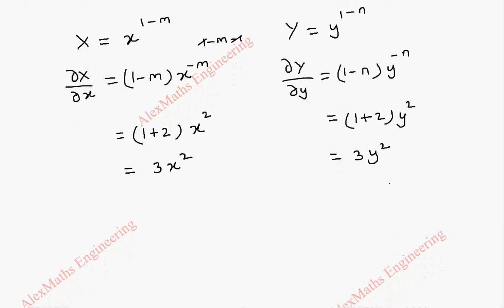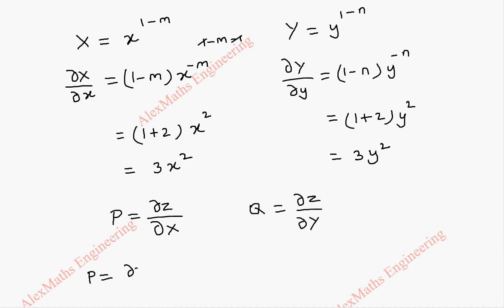Now we are going to take capital P, which is dou z by dou capital X, and capital Q, which is dou z by dou capital Y. Now small p is dou z by dou small x, which can be rewritten as dou z by dou capital X into dou capital X by dou small x.